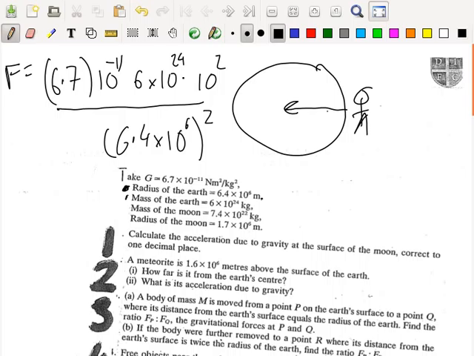You're just going to let me do it? All right. 6.7 times 10 to the power of minus 11 times 6 times 10 to the power of 24 times 10 squared, all over 6.4 times 10 to the power of 6, squared.